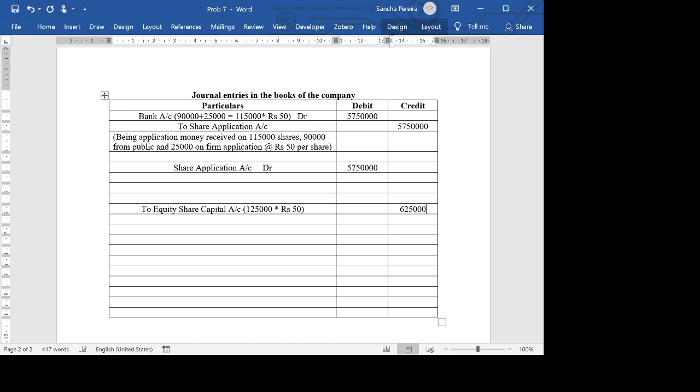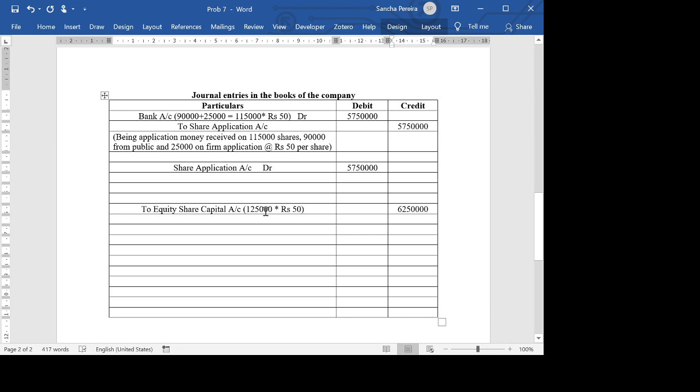Now there is a problem here. The application money received is only 57 lakhs 50,000, but we have transferred 62 lakhs 50,000. Why have I transferred 62 lakhs 50,000? Because the company has come out with an issue of 1,25,000 shares and expects each and every share to be subscribed to.